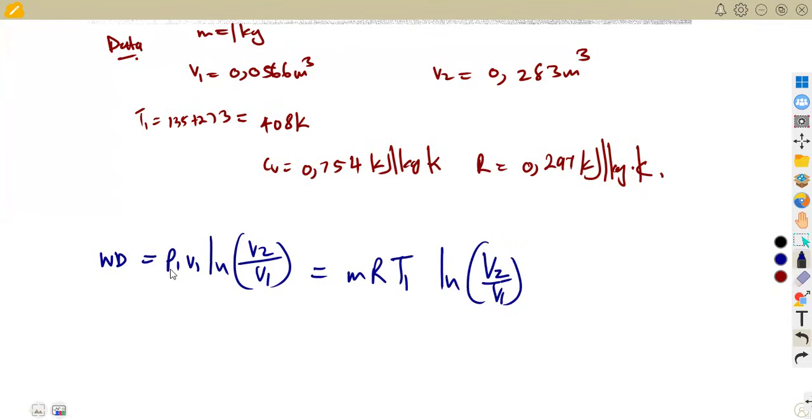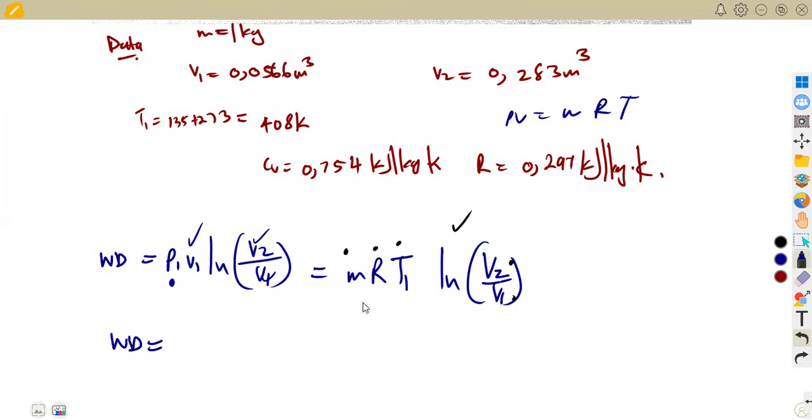So this one, we do not have P1. We have to calculate it. We have got V1, we've got V2, but we do not have P1. So you must calculate P1. So you can use your PV is equal to MRT formula to calculate your P1. But why can't we just use this direct? Because we've got everything. The mass is there, R is there, T1 is there, V2 is there, V1 is there. So the second one is just direct.